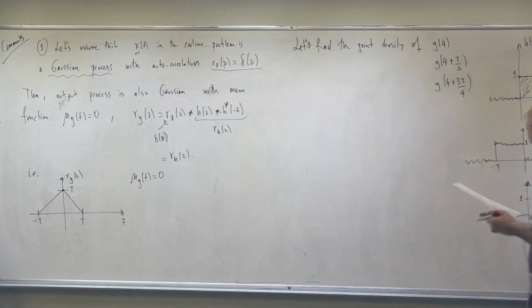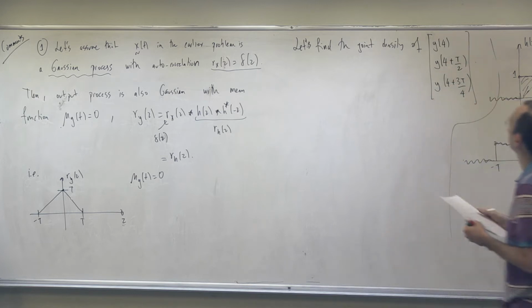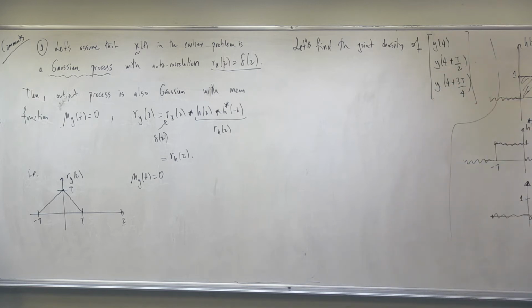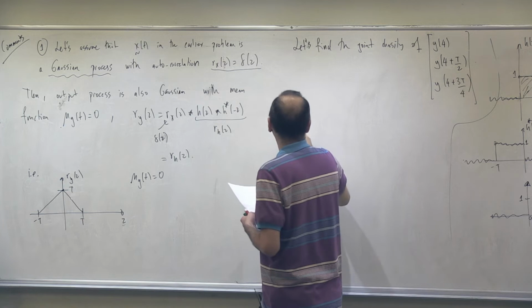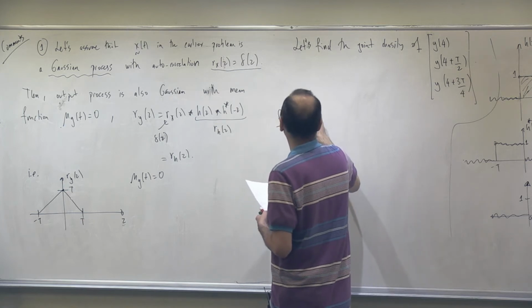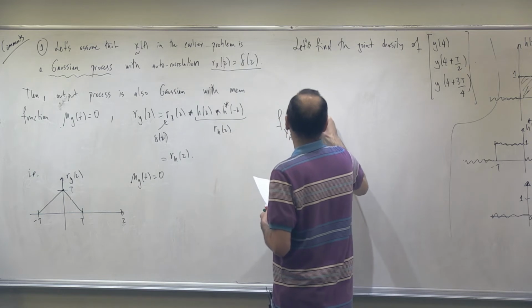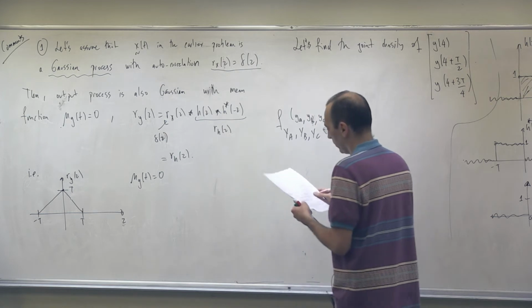Okay. So how can I find this joint density of these three output variables at the fourth second plus t over 2 and so on, three variables. So again, I will be writing this ya, yb, yc.